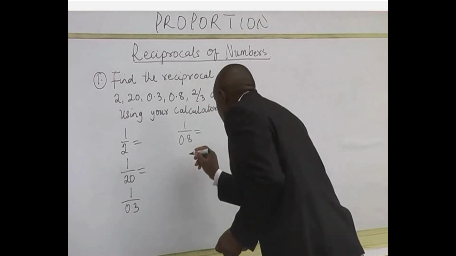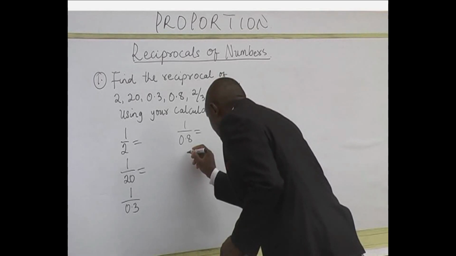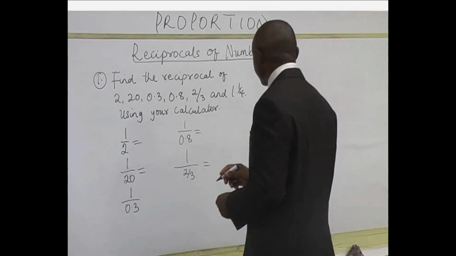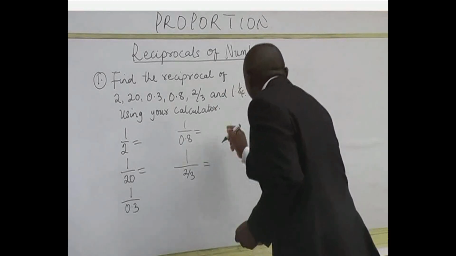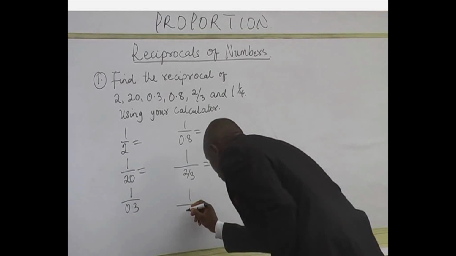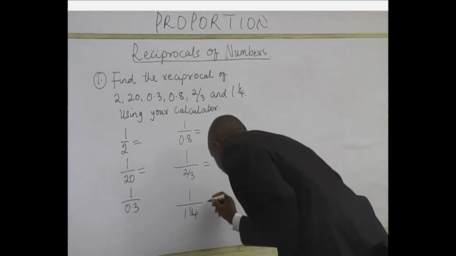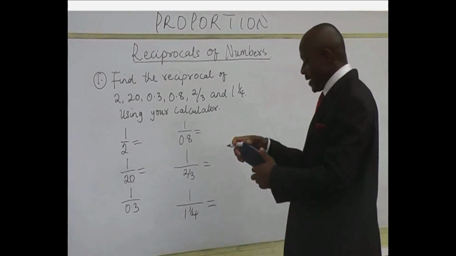The next is 2 all over 3. 2 all over 3 reciprocal is 1 all over 2 all over 3, to give us a value. The last but not the least is 1 whole number 1 over 4. So its reciprocal is the same thing, 1 all over 1 1/4. It's going to give us a value. So let's pick our calculator and begin to calculate.